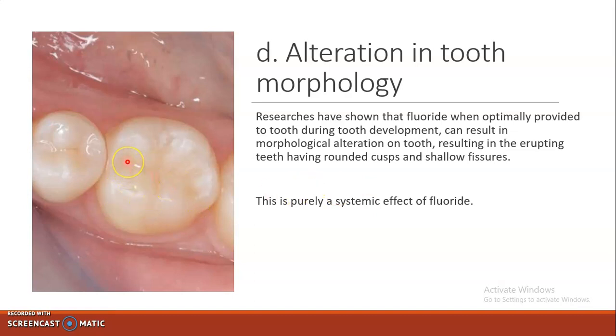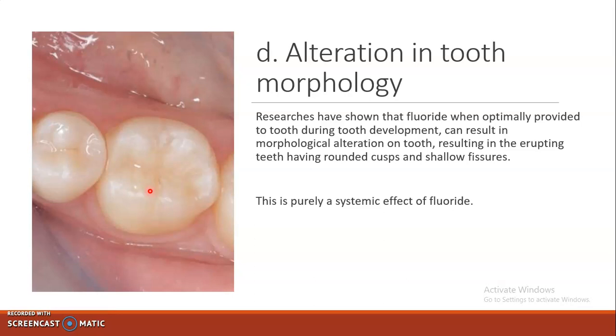The most common type of caries you see is pit and fissure caries. The reason is that deep pits and fissures attract food debris and are not accessible to your toothbrushes. This results in pit and fissure caries. But studies have shown that when an optimum amount of fluoride is given while teeth are developing, the teeth which erupt later will have shallow fissures and rounded cusps, making them less susceptible to caries.